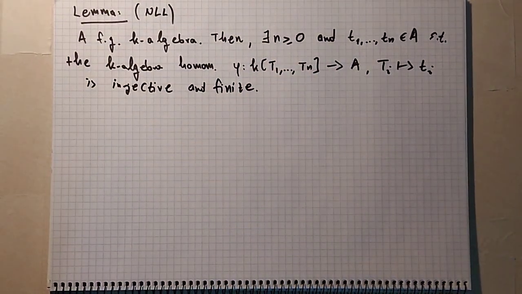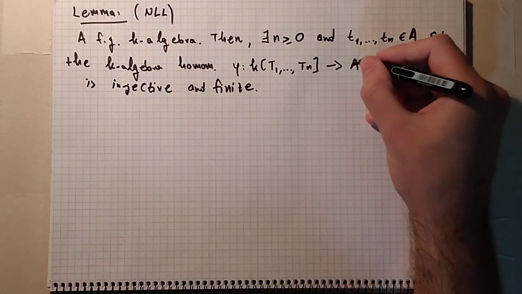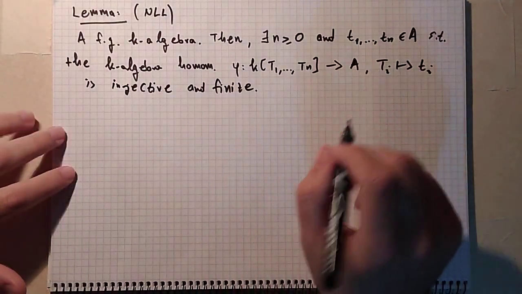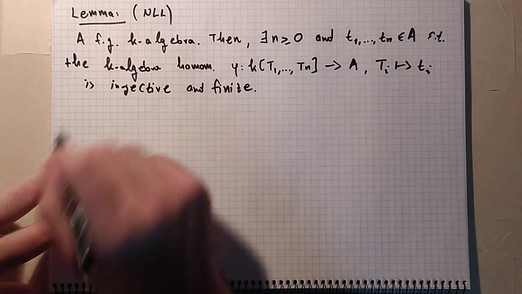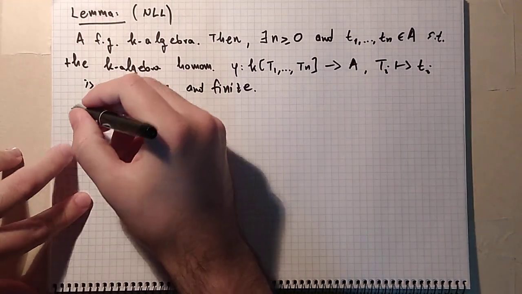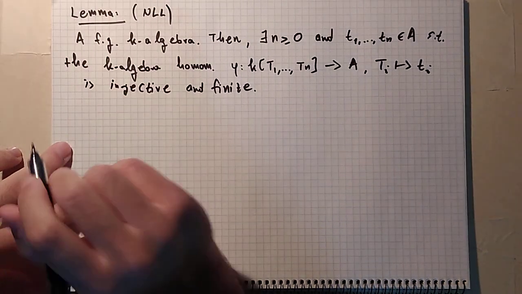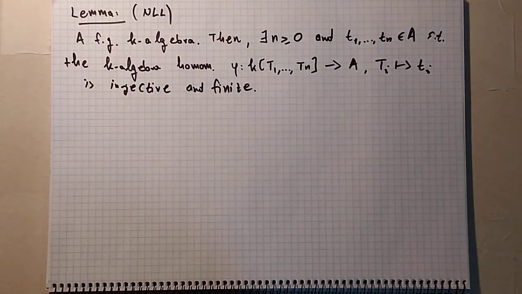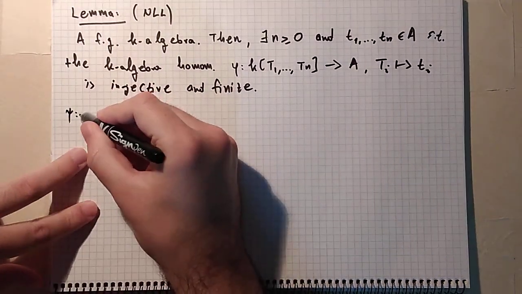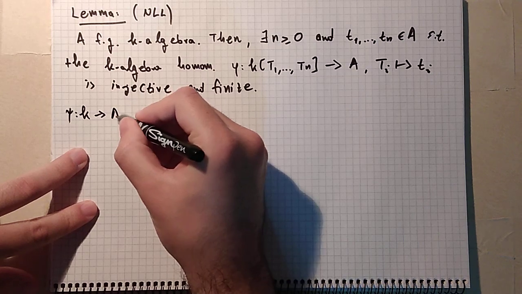First of all, when I say that A is a finitely generated K algebra, then by definition it means that A comes equipped with a ring homomorphism, which I'm going to call psi, going from K to A, right?